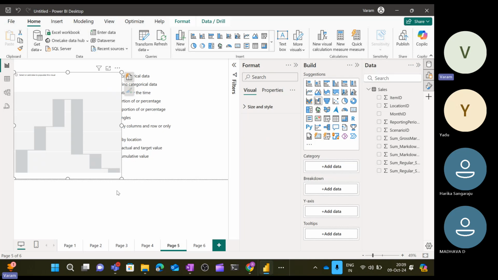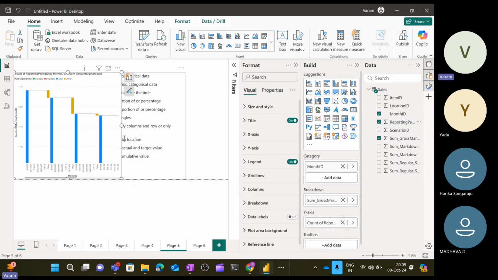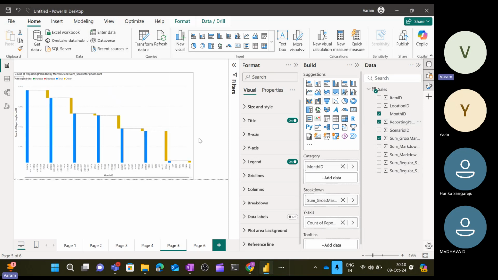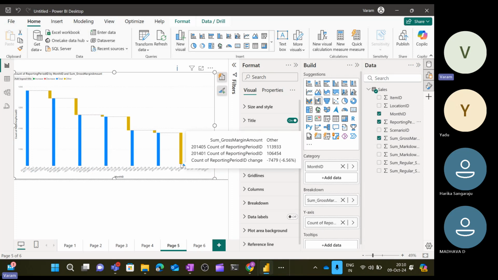So for example, if I add this month in the categorical value, and the sum of the gross amount in the breakdown value, and reporting period ID in the y-axis. Look at this. This is how month on month or year on year or ID by ID, something you can go in. It will sum up and it will go to a certain position over there.